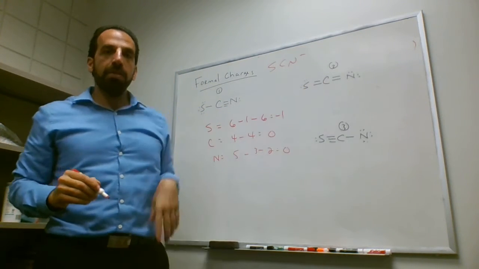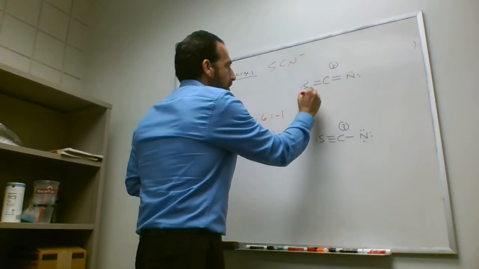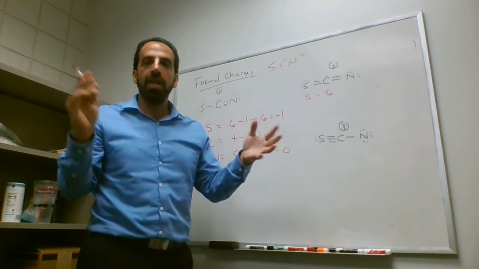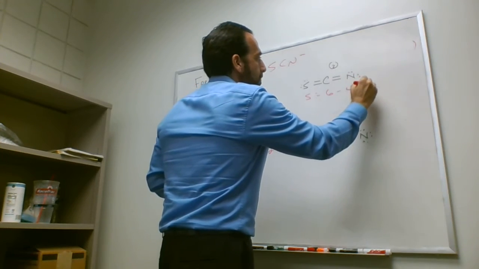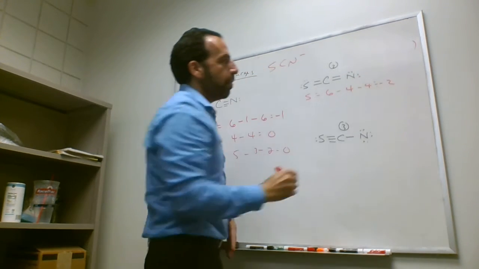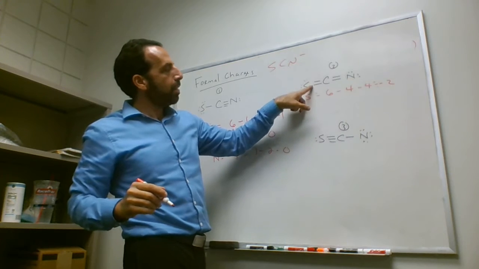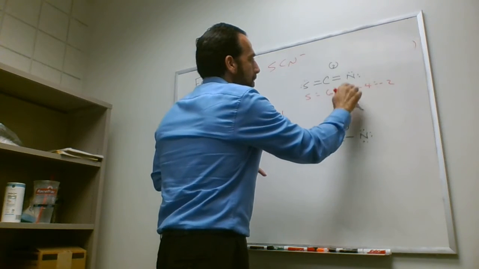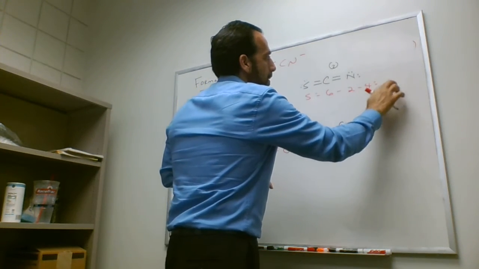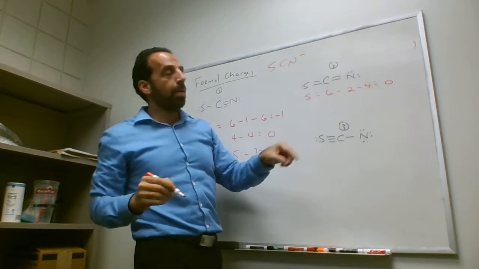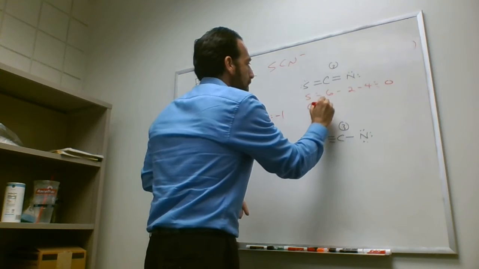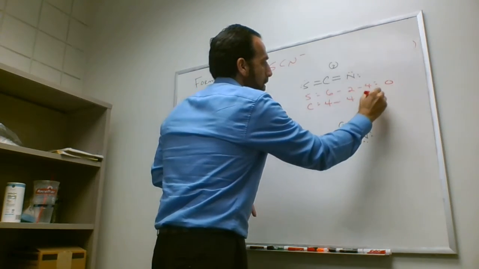Let's go ahead and do it for the second structure. In this case, sulfur. Again, that 6 is not going to change for sulfur. It's 6A. Minus 4 bonds, minus 4, negative 2. In fact, that's wrong. I'm sorry, it's 2 bonds. Sorry about that. So that's going to be 0. Again, that's 2 bonds and then 4 electrons. Let's do it for carbon. 4 minus 4 is 0.